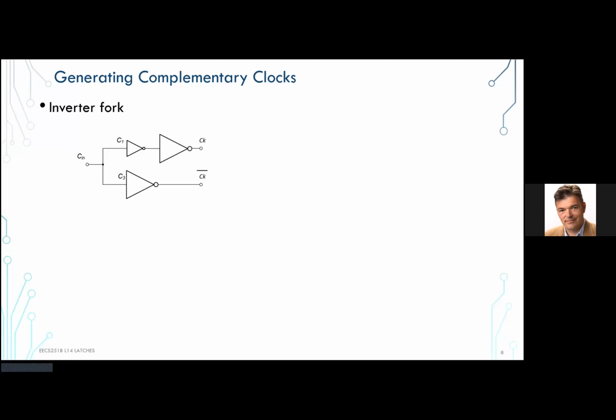How should this thing be sized such that the delay of the top part is the same as the delay in the bottom part? Anybody has any suggestions? No. Because we need to basically create true and complementary signals here.